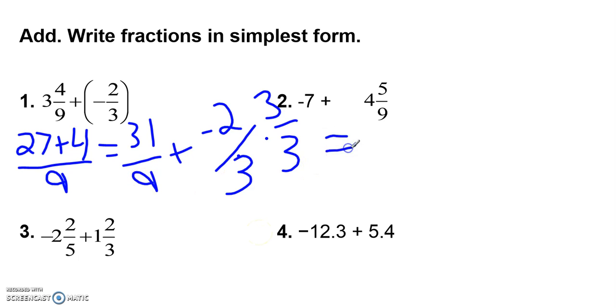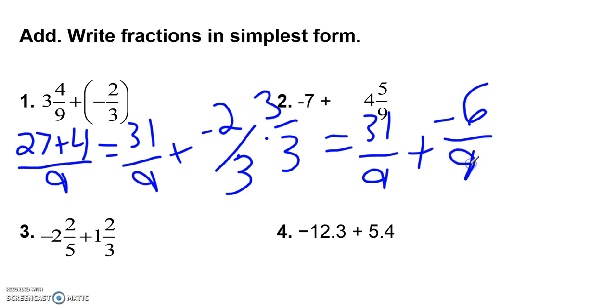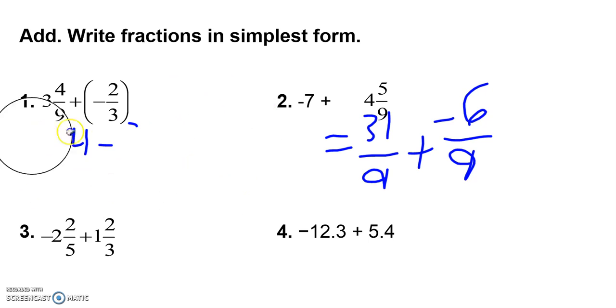And so now I get 31 over 9 plus negative 6 over 9, because negative 2 times 3 equals negative 6, and 3 times 3 is 9. Okay, I'm going to erase this just so we have more room to do things.